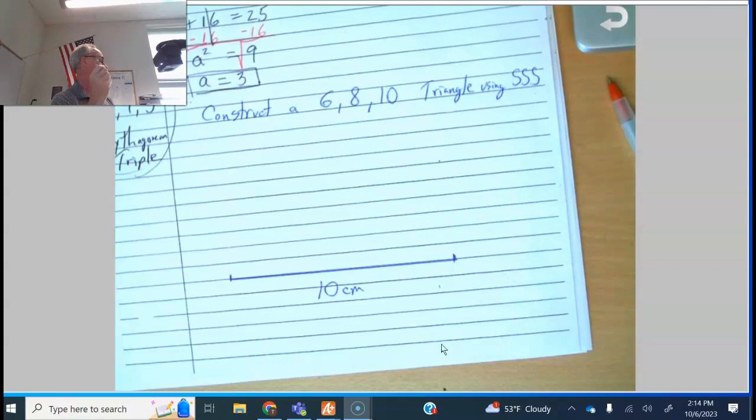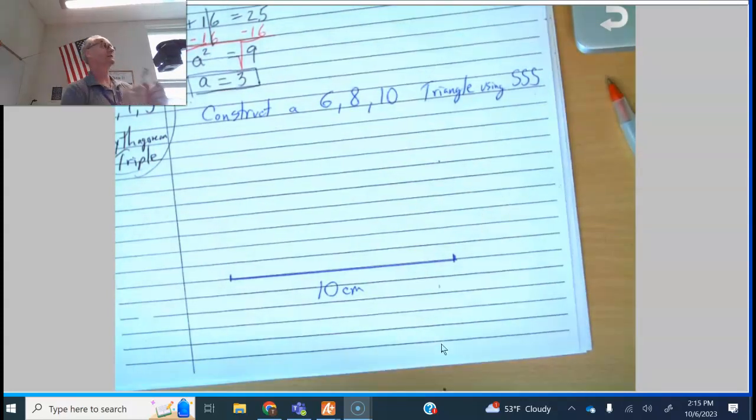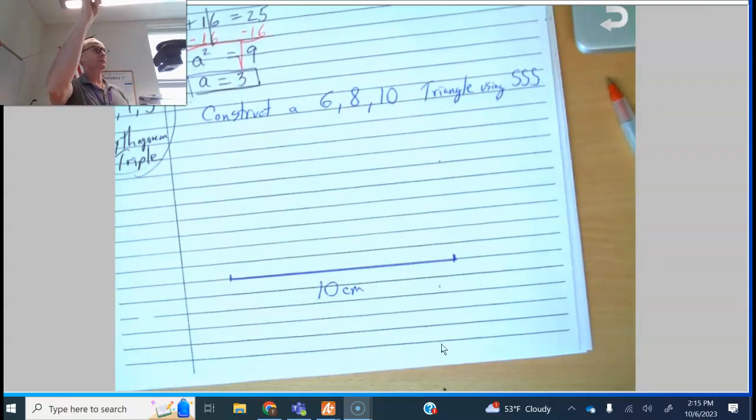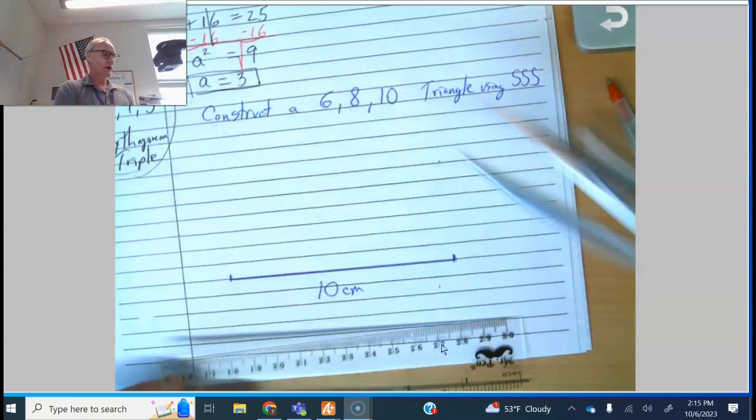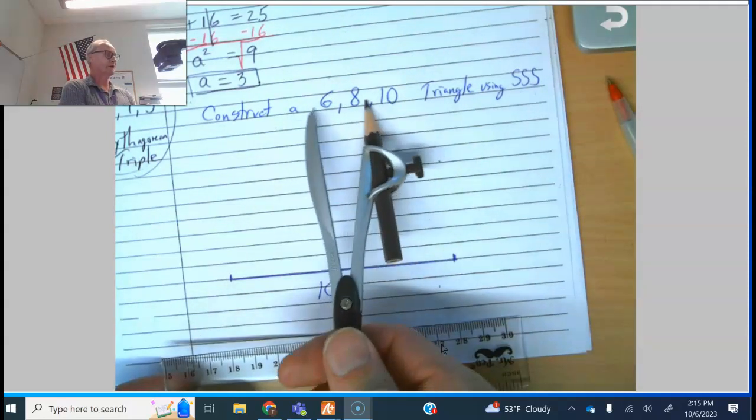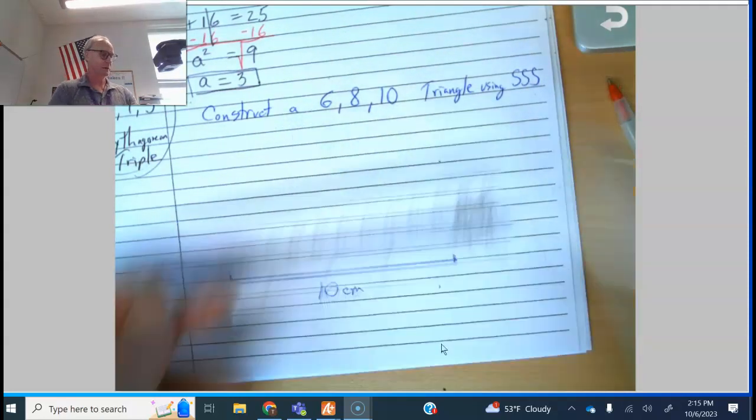Hopefully all the compasses are working still. I literally spent an hour this morning taking all the compasses apart, sharpening all the pencils, adjusting all of the tension on them. So they should all work. If you have one that doesn't work, let me know and I'll fix it. What we're going to do now is I want you to open your compass to 6 centimeters.